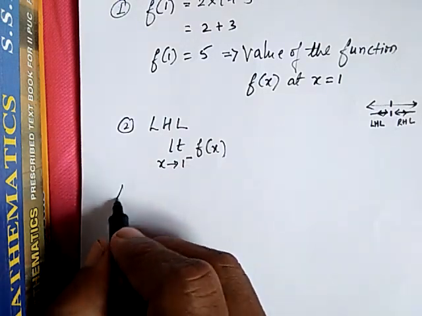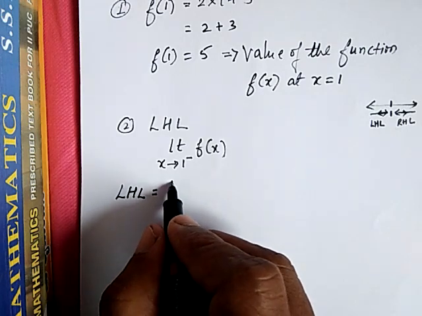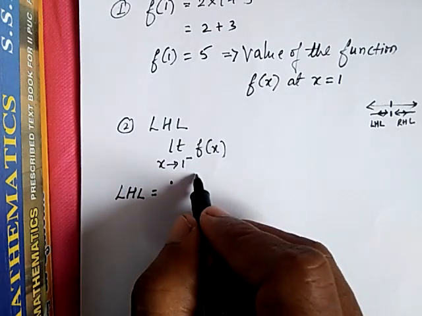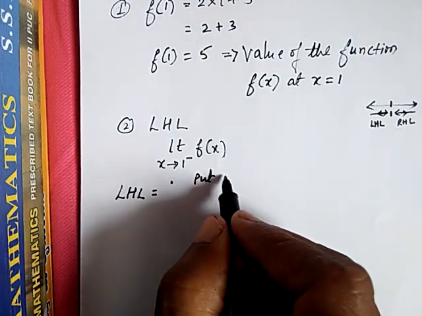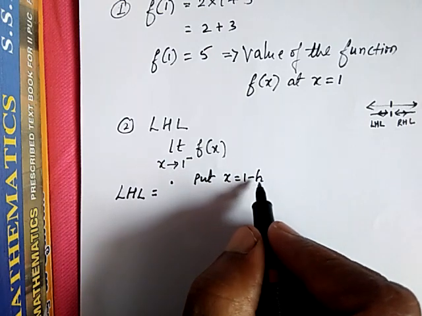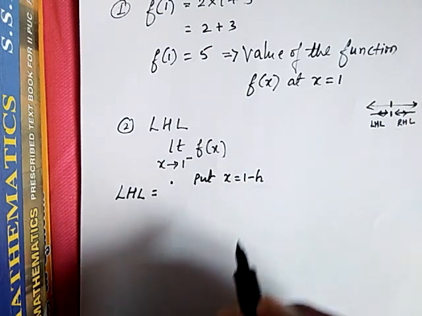So here LHL, left hand limit, to find this one, we put x is equal to 1 minus h. Some smaller quantity from 1 we are subtracting, so that we will get the left hand limit.